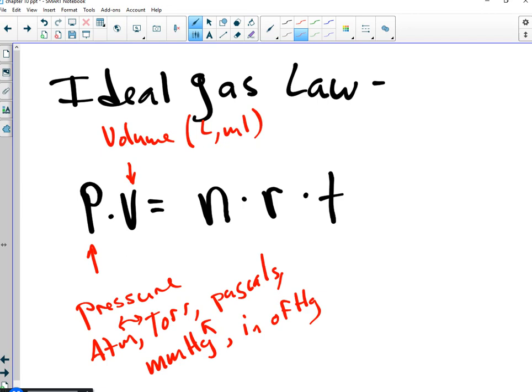Now, n is equal to the moles of gas. Yeah, n means number. M is so many other things, like meters, so they just go with n. It's just for number.